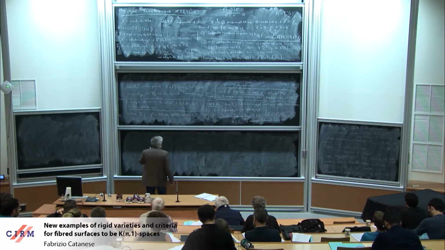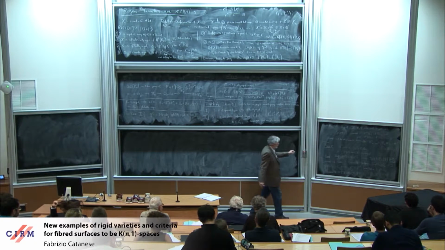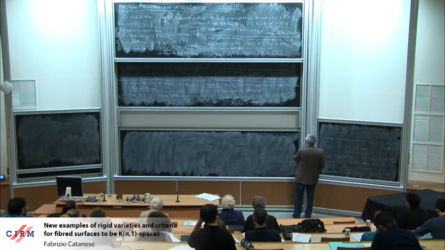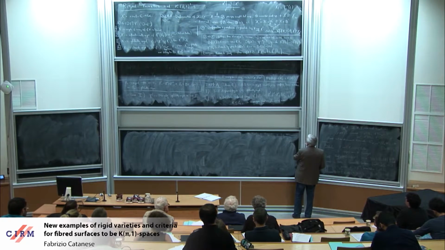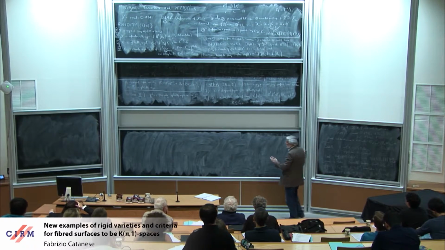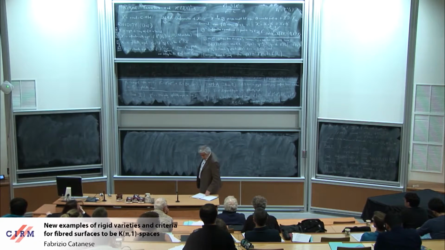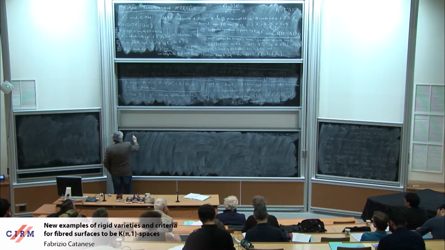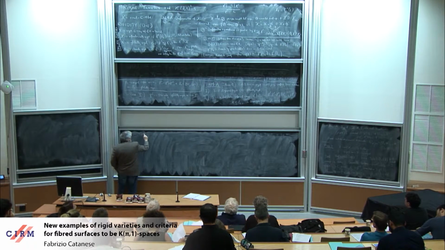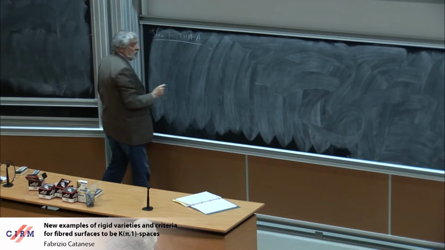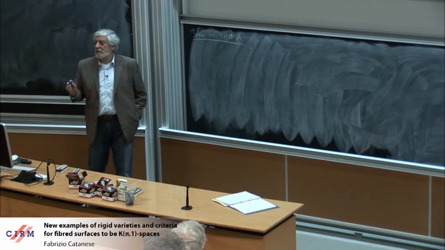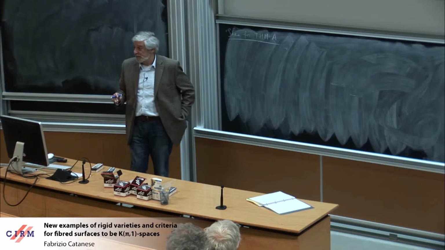Now, I would like to give you the idea of the proof, the idea for Theorem A. The first basic tool is a theorem of Kodaira, proved in the 60s, on the stability of exceptional curves of the first kind.